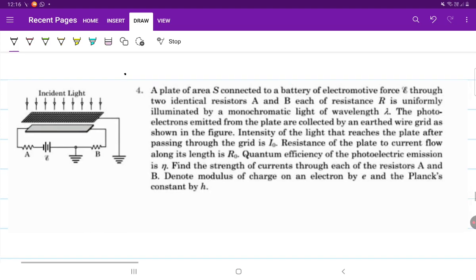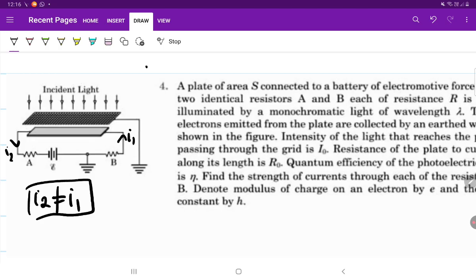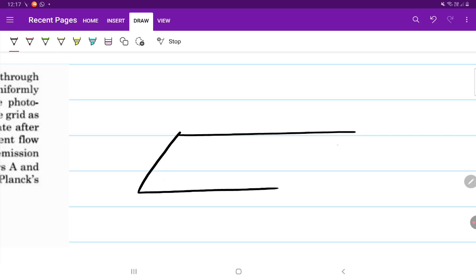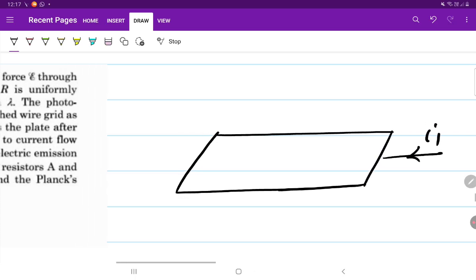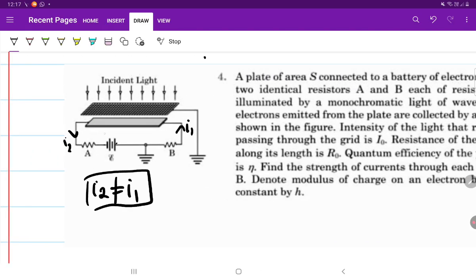Now here's the interesting thing, the concept involved is, if the current through resistor B is I1 and current through resistor A is I2, then I2 is not equal to I1. This may seem a little surprising, but the theory behind it is, suppose this is my plate and the current entering from resistor B is I. Since the voltage is adjusted positive to negative like this, we'd expect the current to flow in the anti-clockwise direction, right?